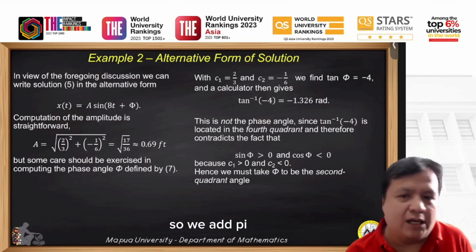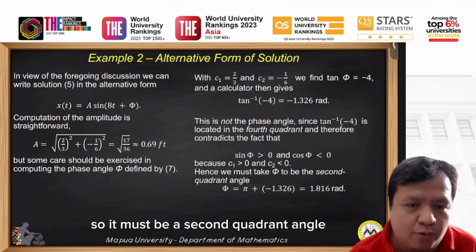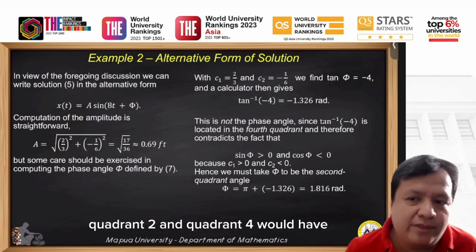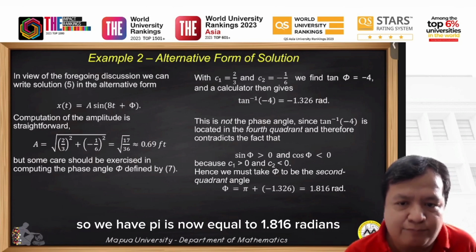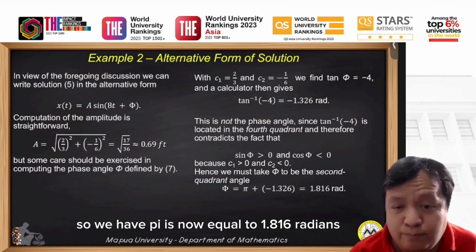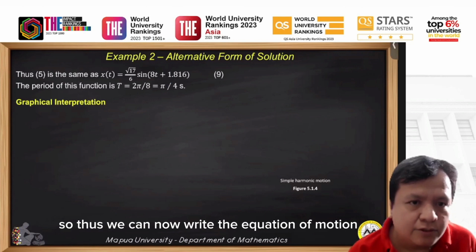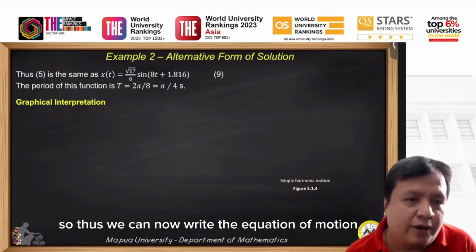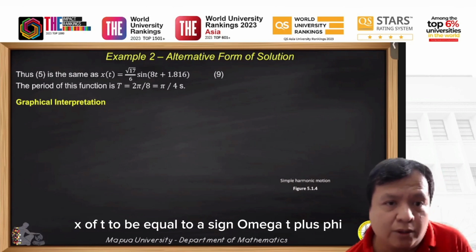So we add pi. So it must be a second quadrant angle. Quadrant 2 and quadrant 4 would have the same sign for tangent. So we have phi is now equal to 1.816 radians.